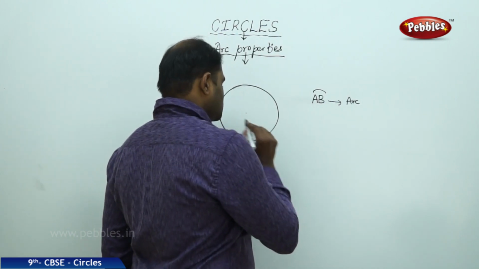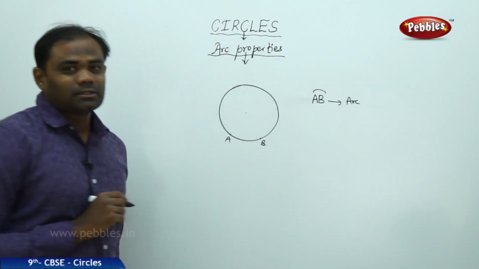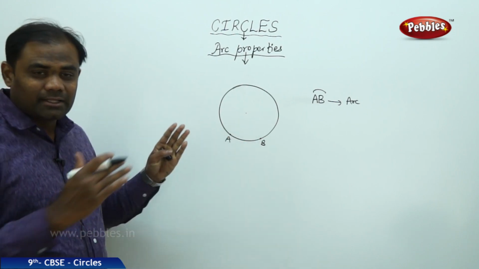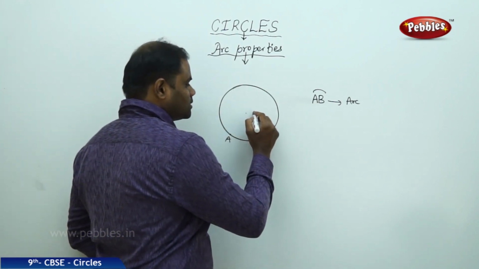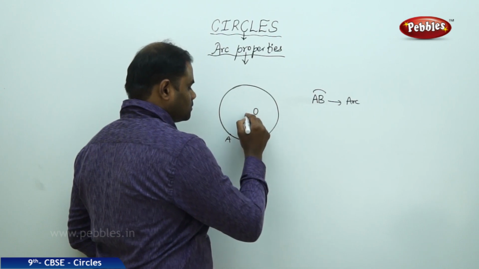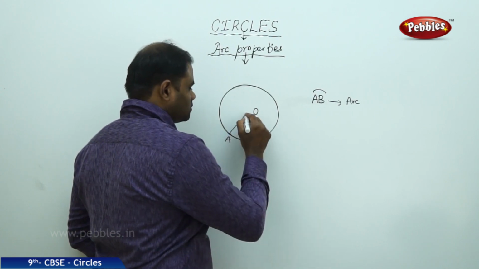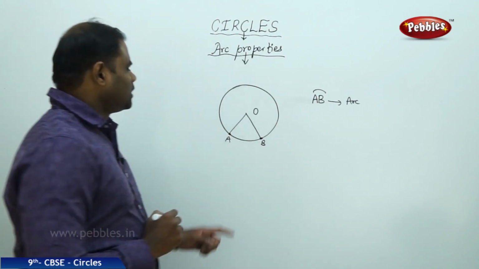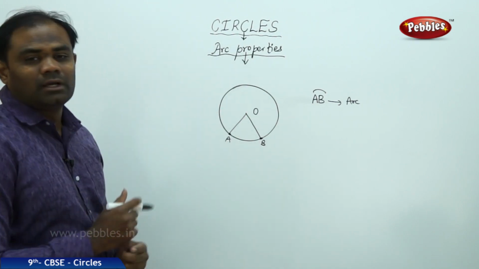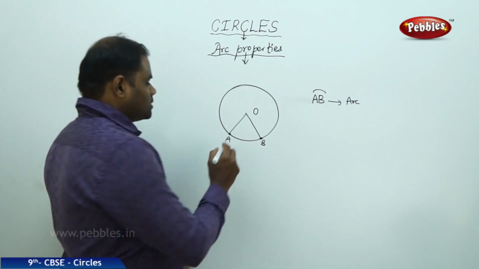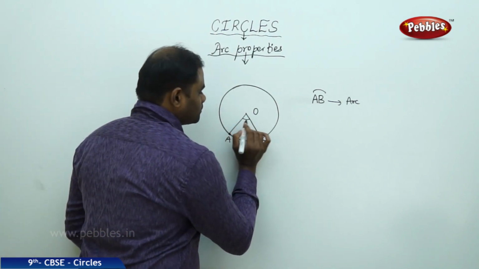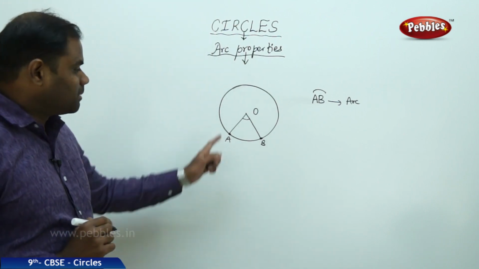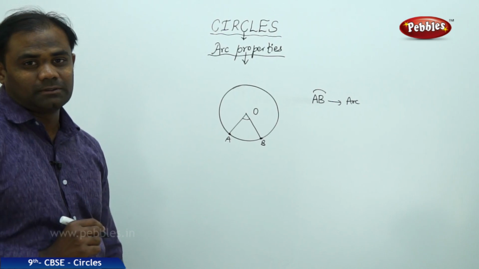Now for this arc AB, the property says that the angle subtended by this arc AB at the center, say this is the center, angle subtended at the center by this will be double the angle subtended by the same arc at any part of the circle.